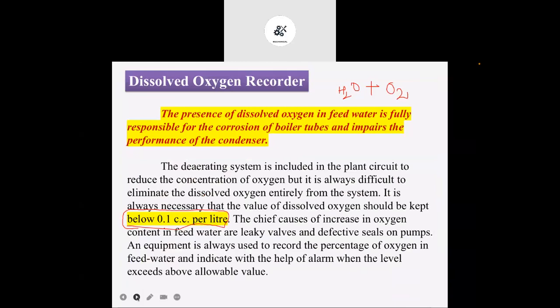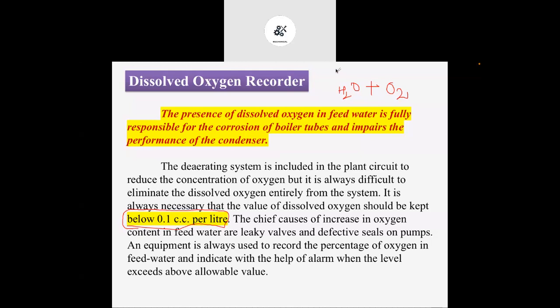So this is the instrument which is used to measure the dissolved oxygen, and previously we saw the instrument which is used to measure the amount of dissolved salt. So two parts we have completed: the measurement of the dissolved salt and the measurement of the dissolved oxygen.